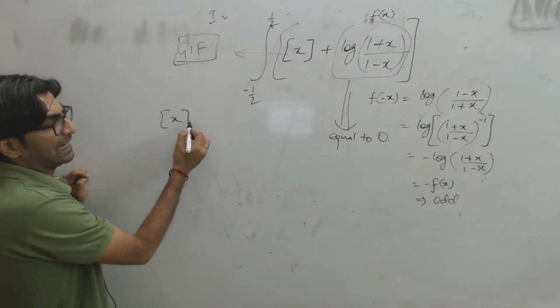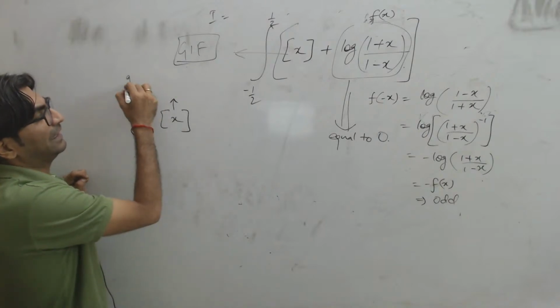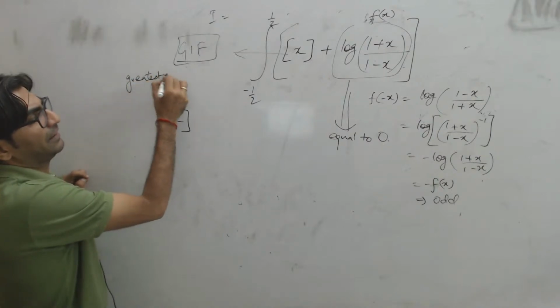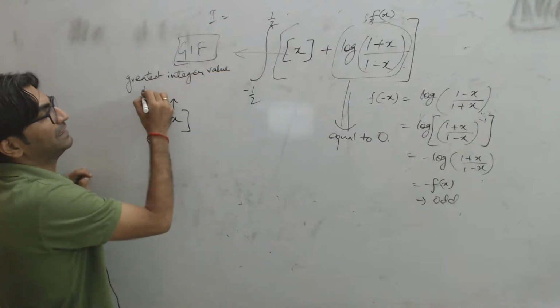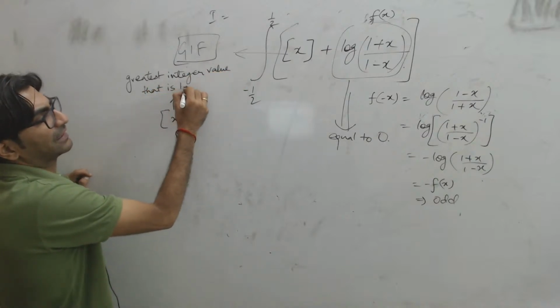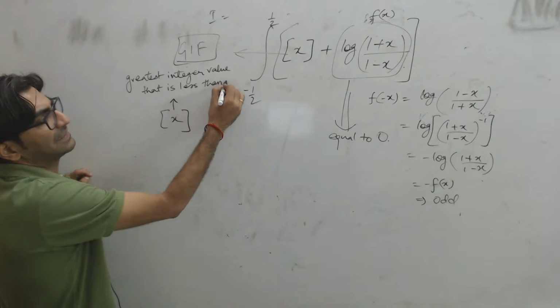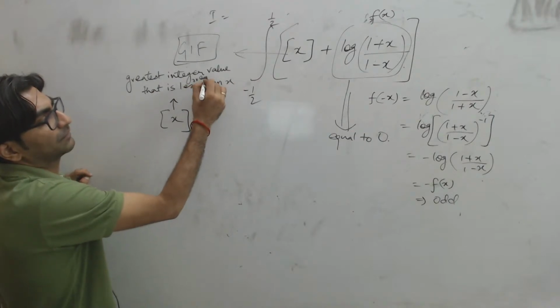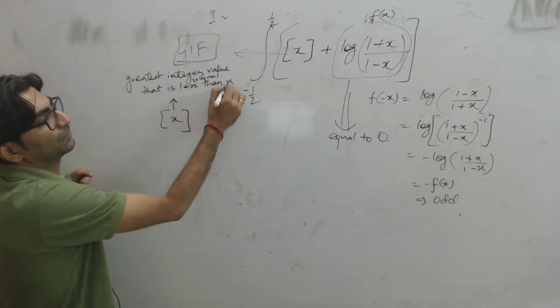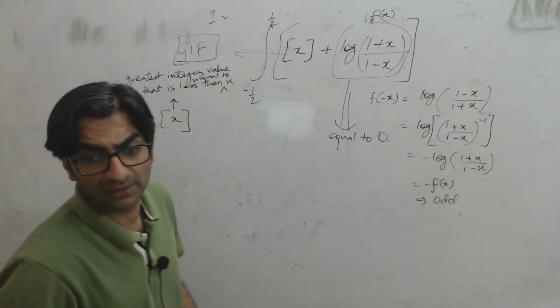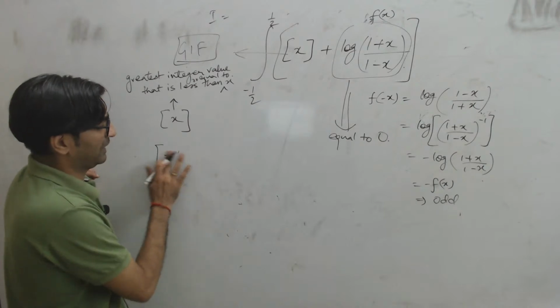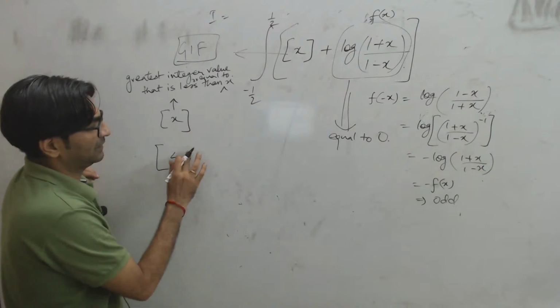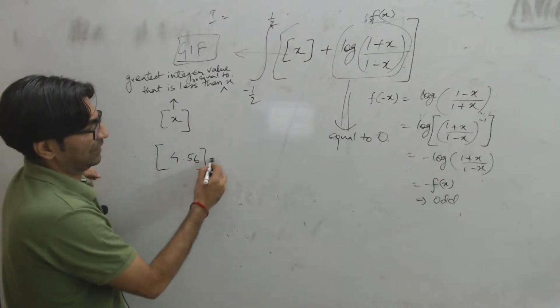GIF of x means that it returns the greatest integer value that is less than or equal to x. So for example, GIF of 4.56 will be 4.